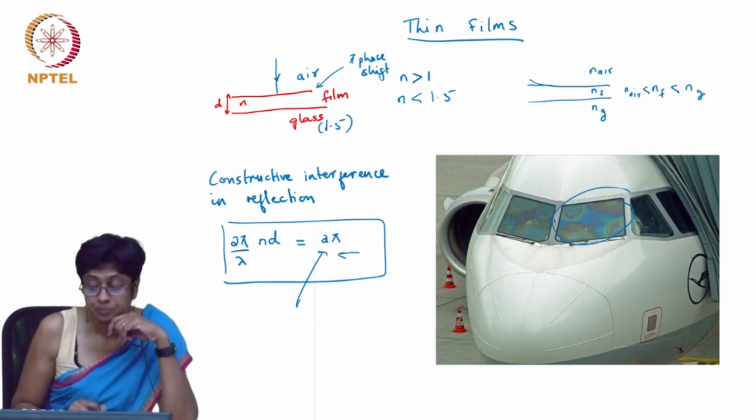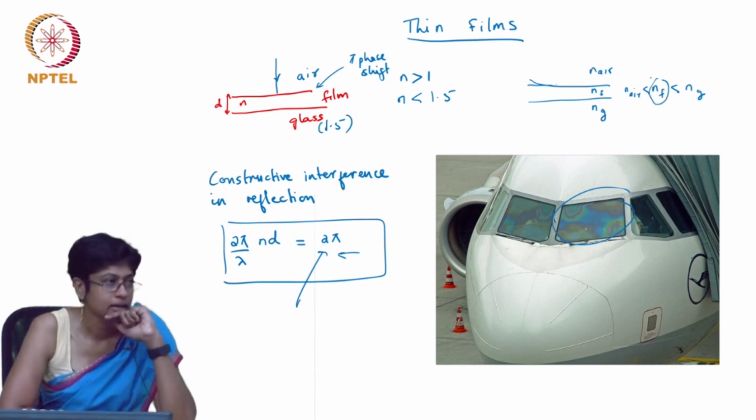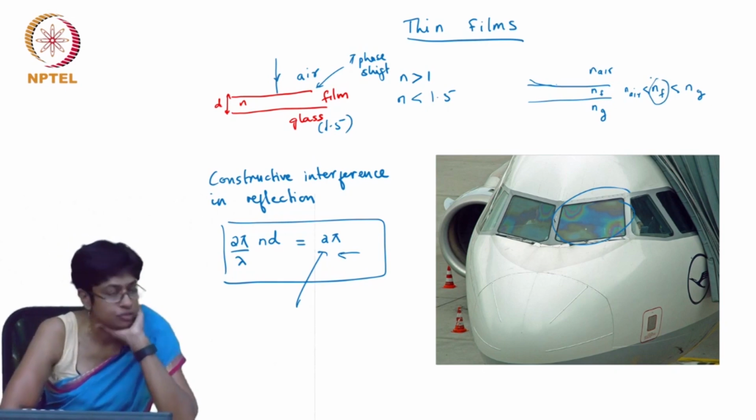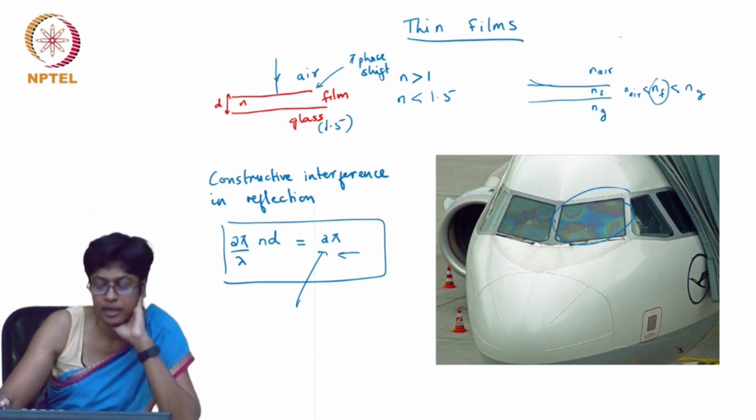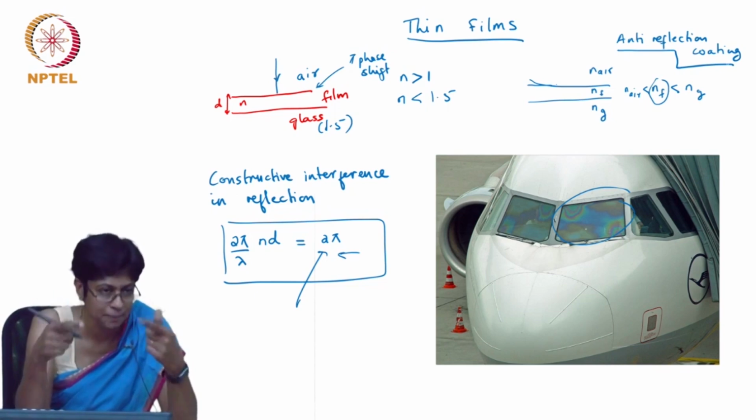That value of refractive index, this value, in the case of a thin film you're using it here for an anti-reflection coating, right? That means you definitely don't want light being reflected back.